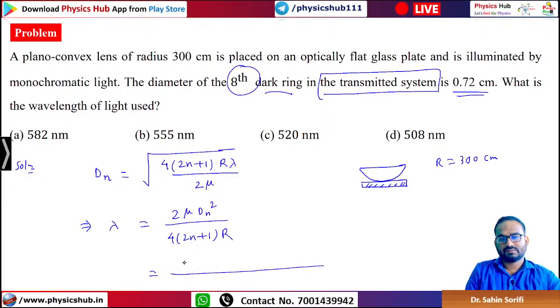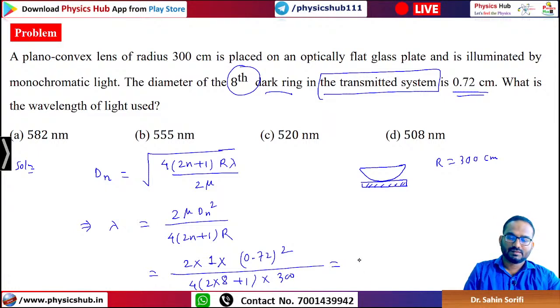You just need to put the values. Mu is 1 because this is air. Dn square, dn is given to you: for the 8th dark ring, 0.72 centimeter square. 4 into 2 into 8, so 8 plus 1. Radius of curvature is 300 centimeter, all of them in centimeter. This will give you 5.082 times 10 to the power minus 5 centimeter, which is 508.2 nanometer.